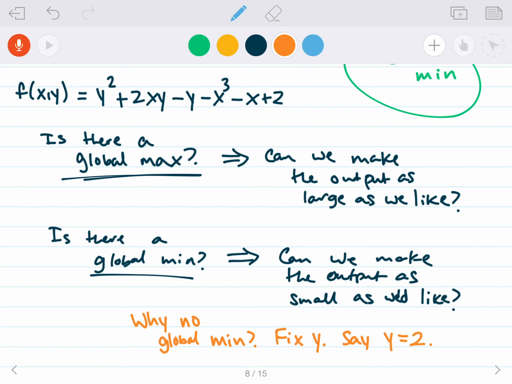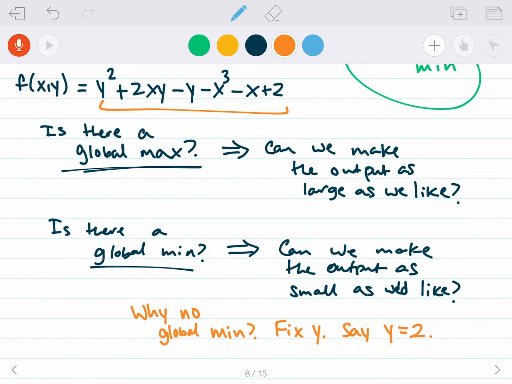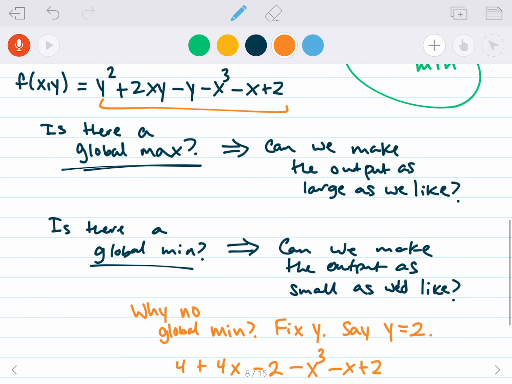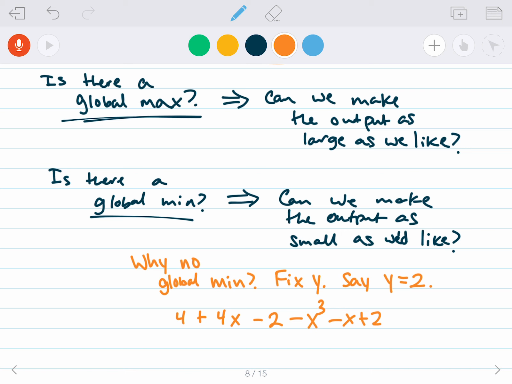Then this function becomes 2 squared, which is 4, plus 4x, minus 2, minus x cubed, minus x plus 2. If we combine like terms and rearrange, we get negative x cubed plus 3x plus 4. So we fixed y, and now let's make x huge.